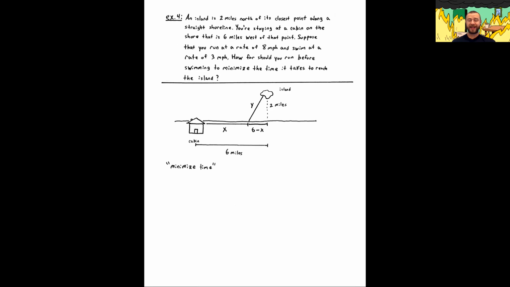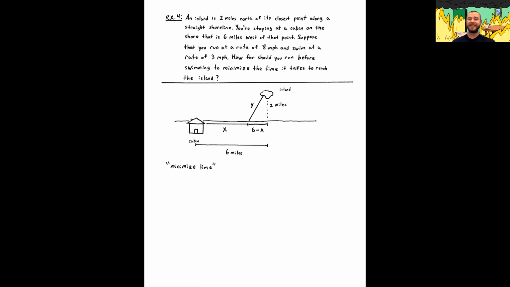So we're going to run x miles down the shore. And then at a certain point, after we've run x miles, we're going to transition to swimming the remaining distance, which we're denoting y. Now if we denote the distance we run by x, notice the part left over to that point would be 6 minus x.